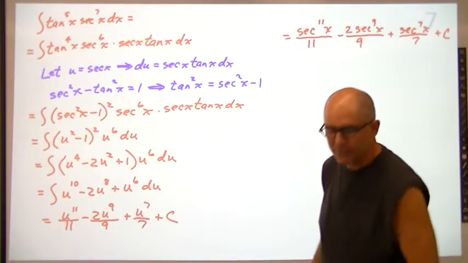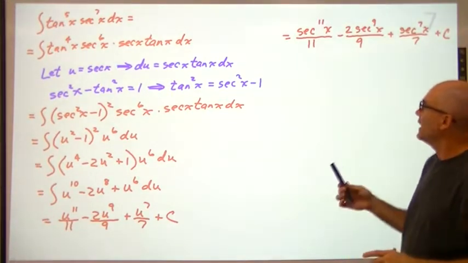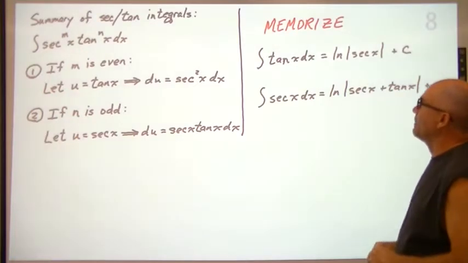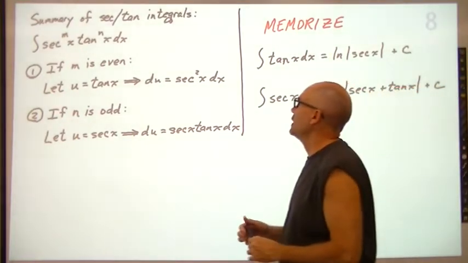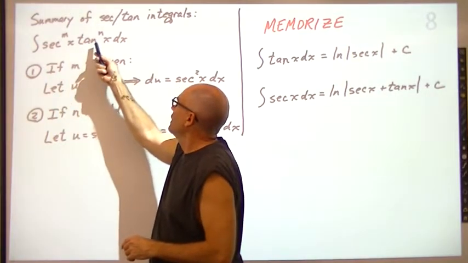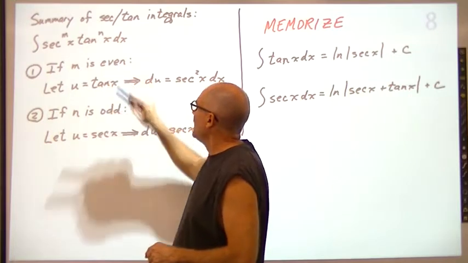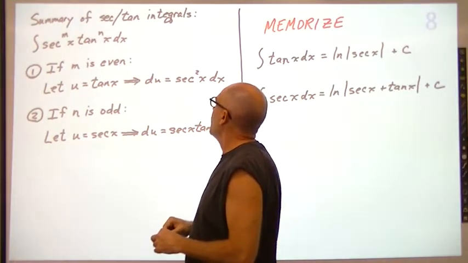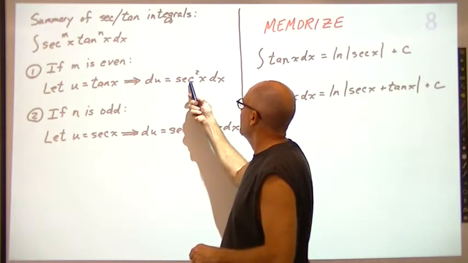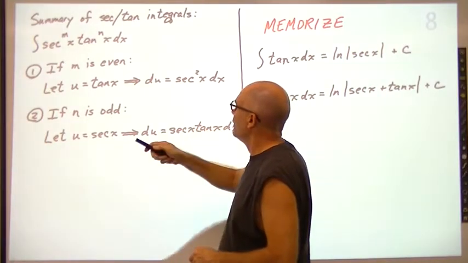All right, that's enough. Okay, so let's recap our secant tangent integrals. When I have secant m tangent n, if m is even, then what I'm going to do is squirrel away some number of secant squareds, and then all the rest of my secants are even.